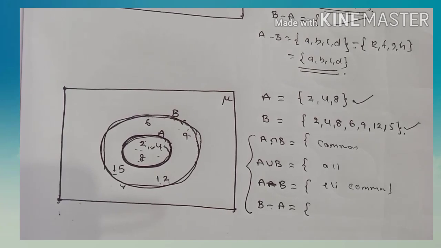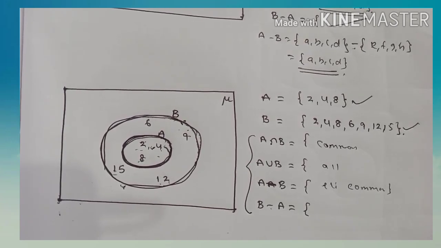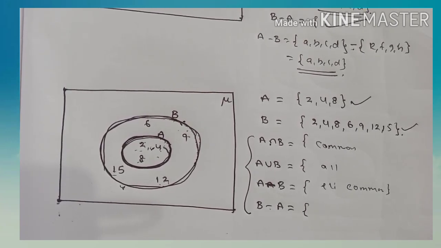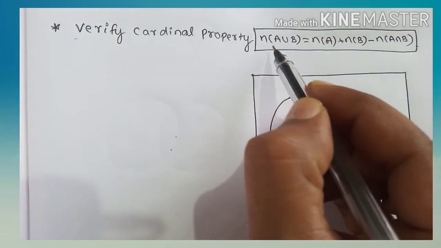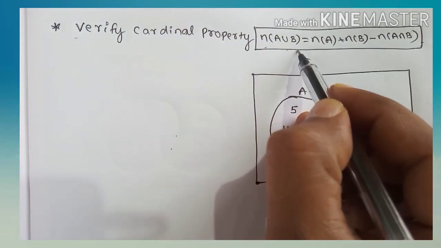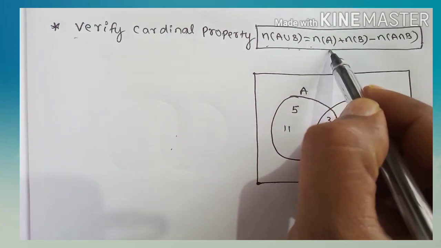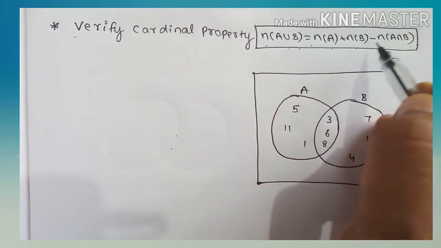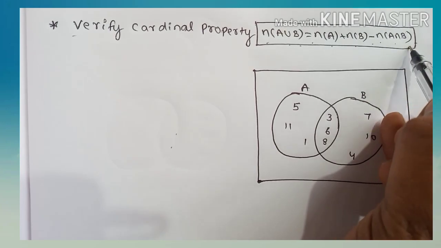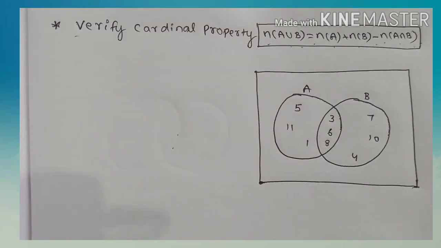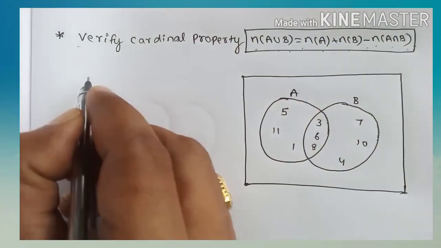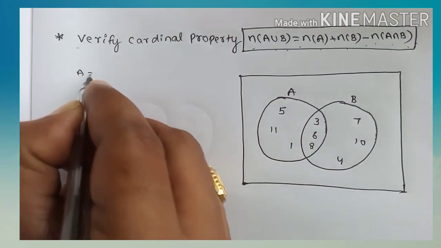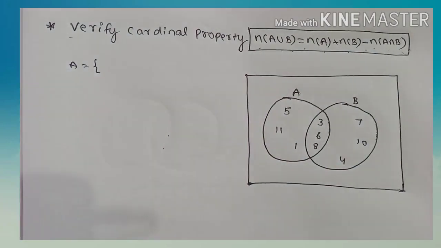Okay, let's go for the last type, which you get frequently in the previous exams. Verify the cardinal property: n of A union B is equal to n of A plus n of B minus n of A intersection B. Now we have to find n of A and n of B values. Let's write set A is equal to, what are the elements in set A?